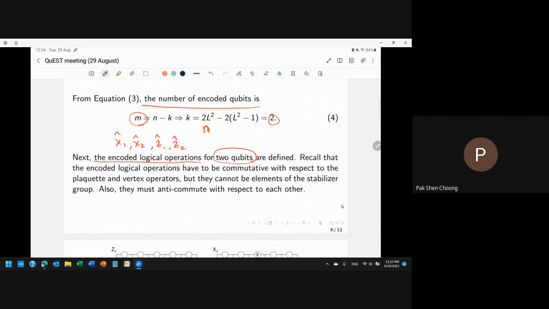Something to recall is, first, your logical operations have to commute with your plaquette and vertex operators, but they cannot be elements of your plaquette operators or vertex operators, and they have to anti-commute with each other because X and Z.